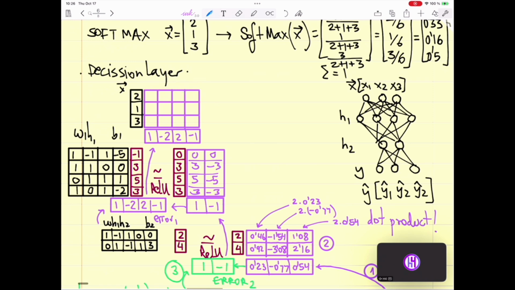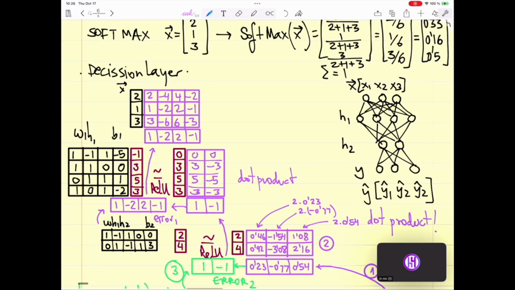Here we again perform a dot product. It's going to be 2 minus 4, 4 minus 2, 1 minus 2, 2 minus 1, 3 minus 6, 6 minus 3.